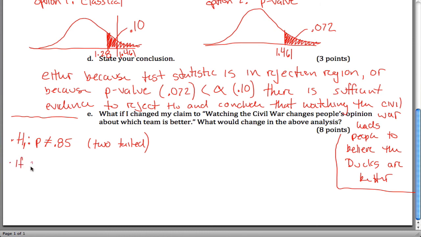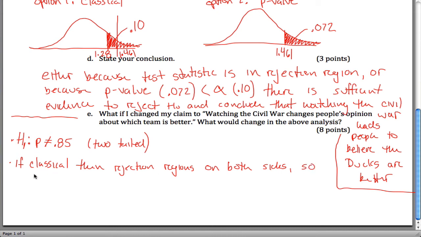If classical, then your rejection region would be on both sides.